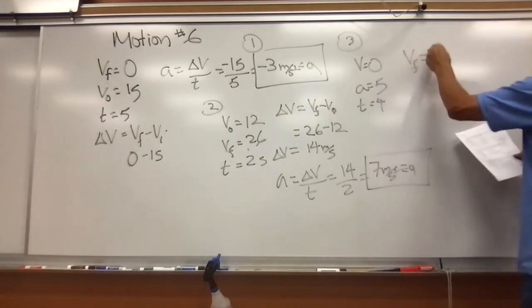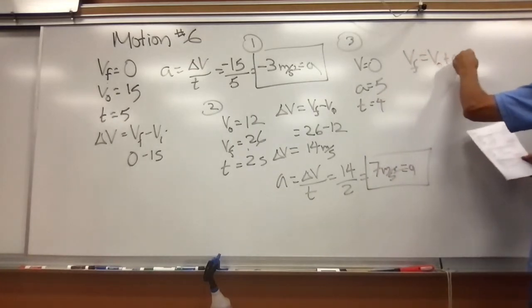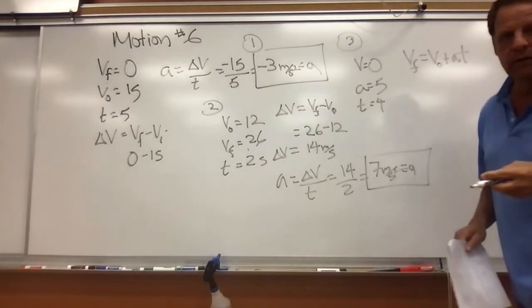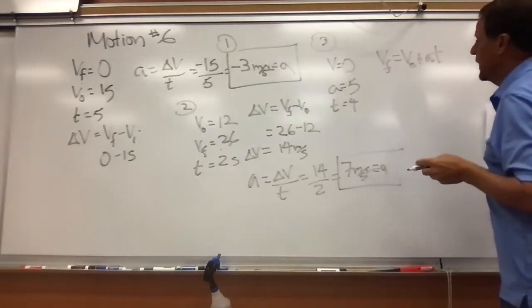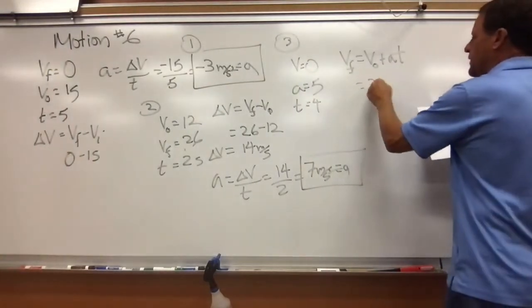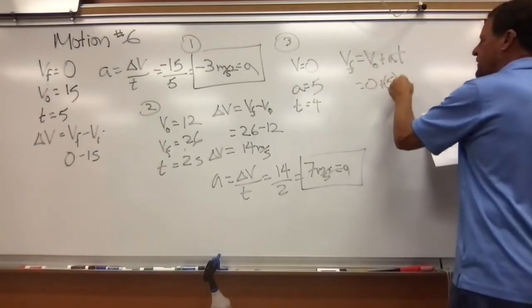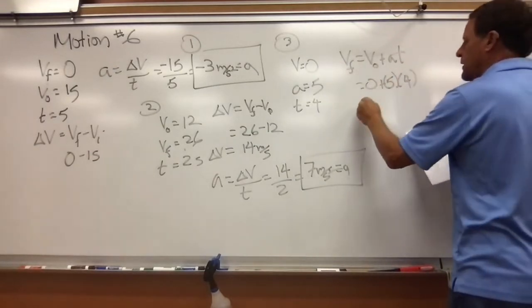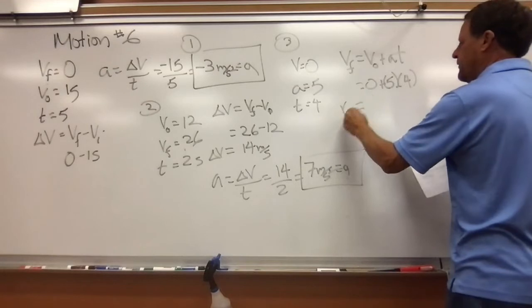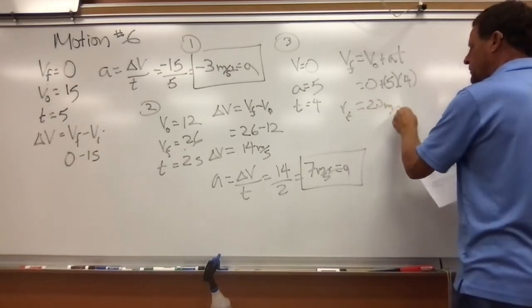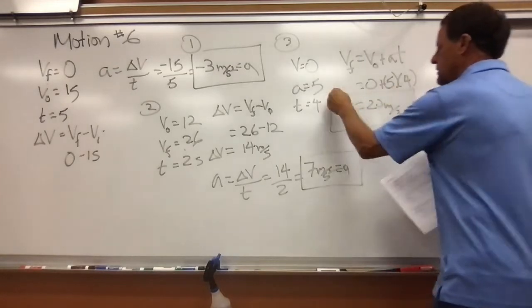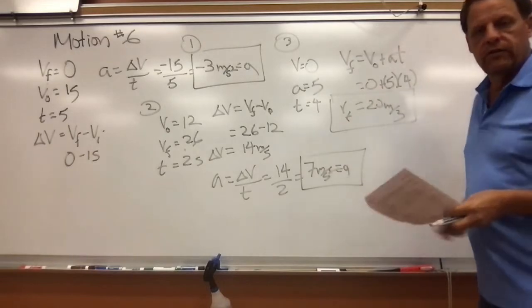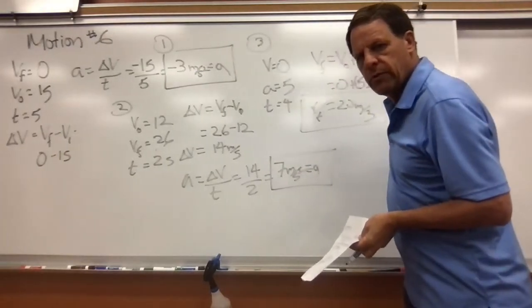Final velocity is equal to our original velocity plus AT, one of your equations. So we can say 0 plus 5 times 4, and that's going to be a final velocity of 20 meters per second. Okay, that is the answer to number 3.